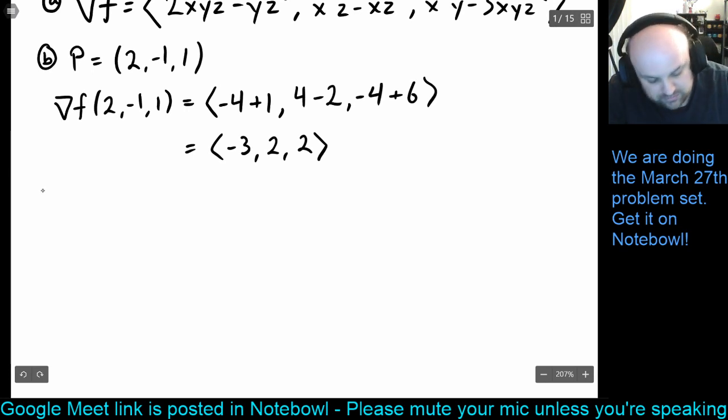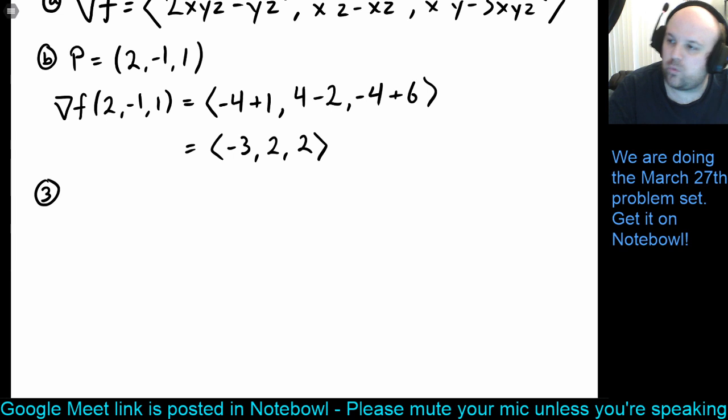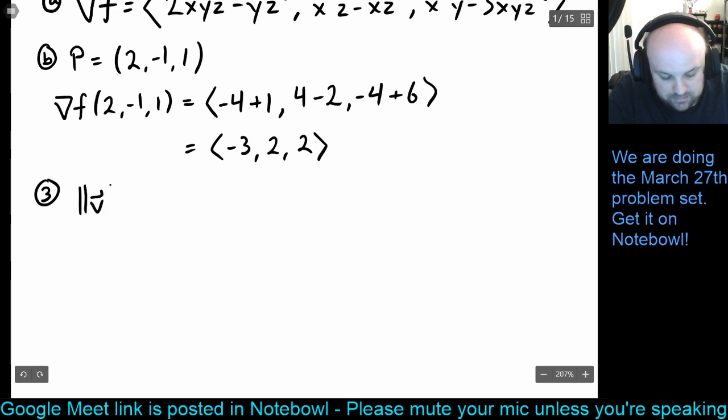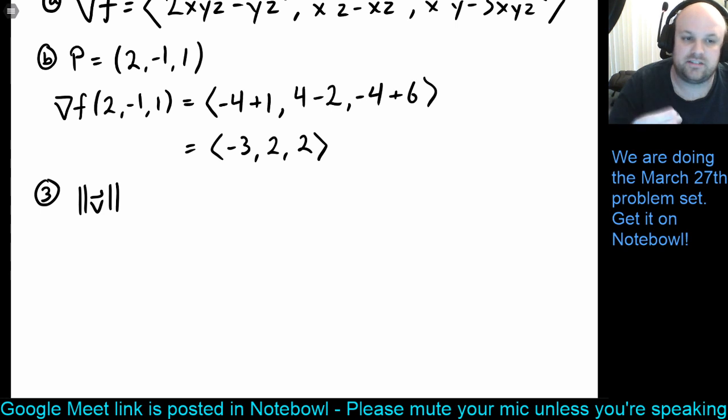The directional derivative. One thing you want to make sure of here is that v is a unit vector, because when we do the directional derivative, we need to take the dot product with a unit vector. We only want to know the rate of change in the direction of that vector.